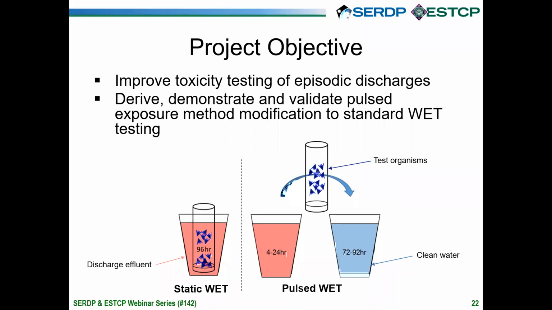Under the pulsed exposure method, organisms are exposed for reduced time periods to the effluent or stormwater sample, and then for the remainder of the exposure period, the organisms are exposed to clean laboratory or receiving water, and that's done by transferring them into the clean seawater or receiving water with mesh screens or tubes.